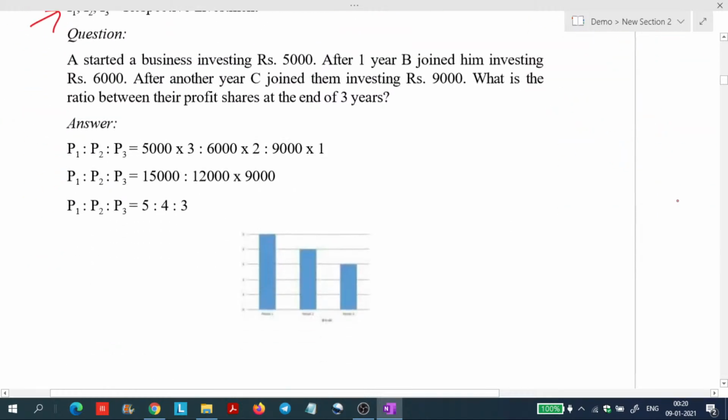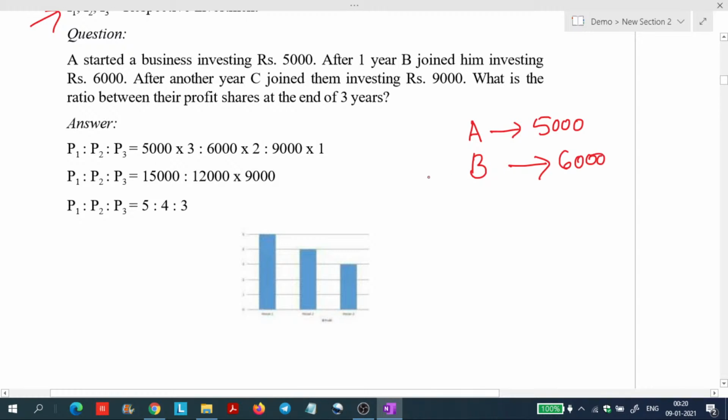So the question is, A started a business by investing 5,000 rupees. After 1 year, B joined him by investing 6,000.